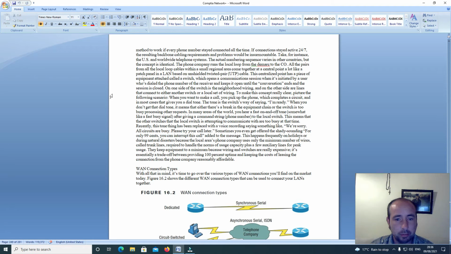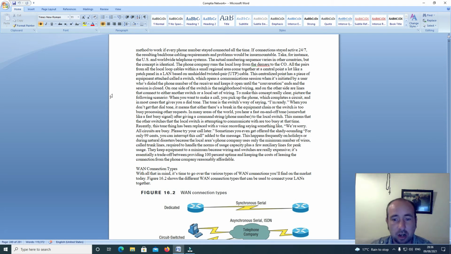The phone company runs the local loop from the demarc to the CO. All the pairs from the local loop cables within a small regional area come together at a central point, a lot like a patch panel in a LAN-based or unshielded twisted pair, UTP, network.